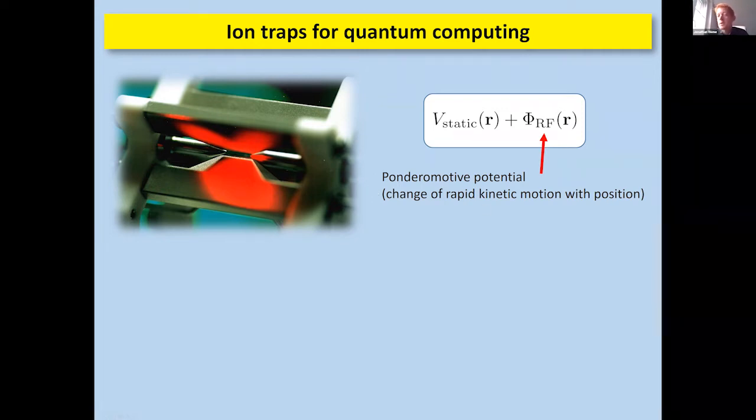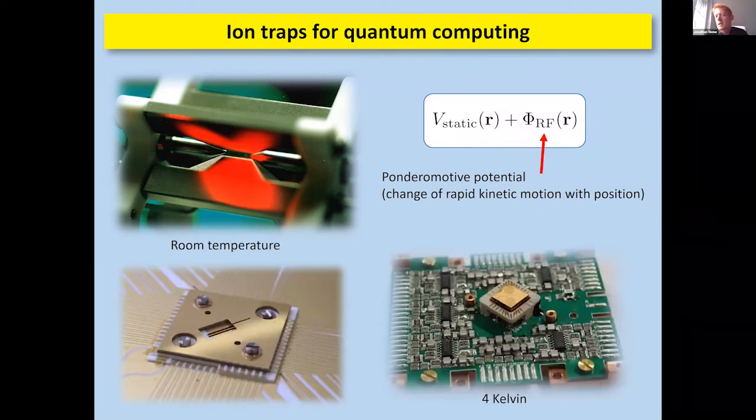But if we think about scaling to more than 50 ions or large numbers of ions, then there's been a steady progression of exploration of more complex traps, so with more electrodes and with the ability to move ions around. And you see here a wiring problem, if you like. This is a system, this is a chip trap where ions are trapped above the surface of the chip. So there'll be an ion above a surface.